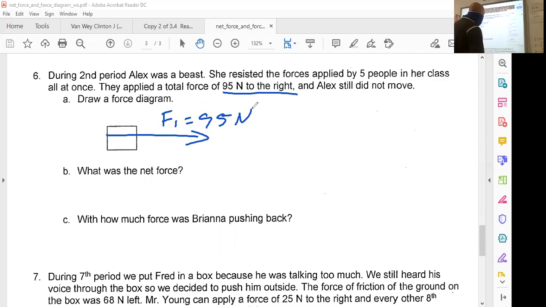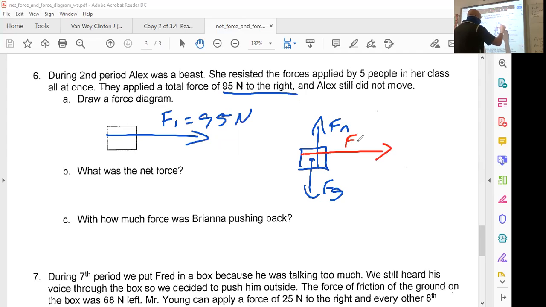If I tell you there's a book on a table and gravity and normal force both act on it, you need to be able to draw a box and say F_G, F_N. Okay? If I then push that box to the right with 10 newtons of force, well, then you need to be able to just go F1 equals 10 newtons.